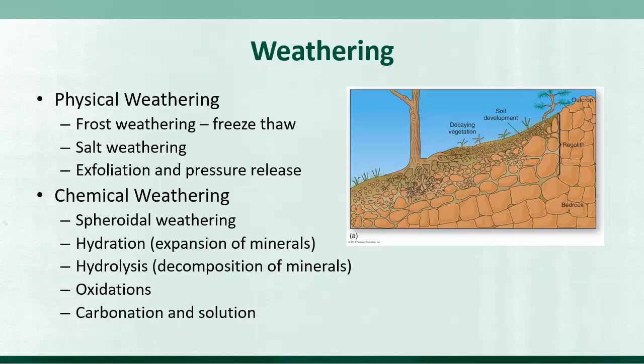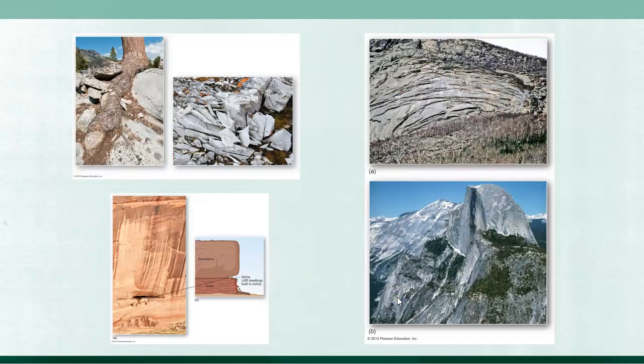It can involve water causing the expansion of minerals, or minerals changing and becoming softer, or oxidizing, rusting, or going through the process known as carbonation and solution, which is a special type of chemical weathering that takes place in limestone, where calcium carbonate literally dissolves away. Limestone dissolves, and it produces some really cool features.